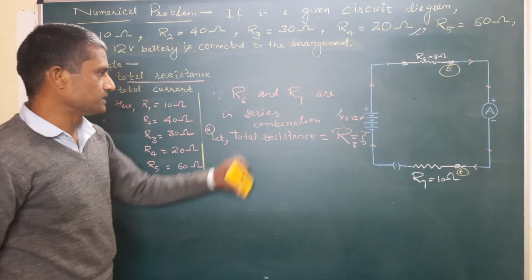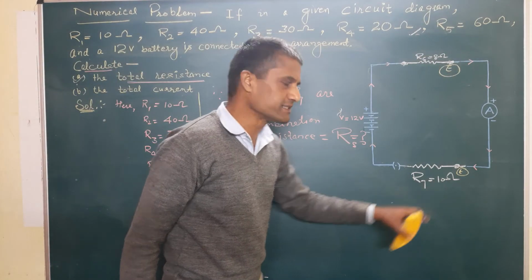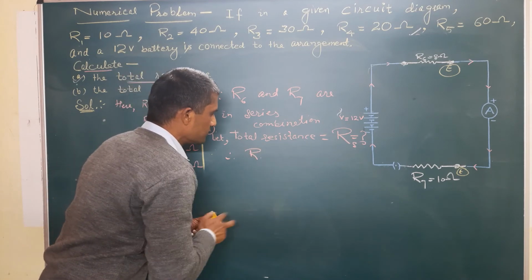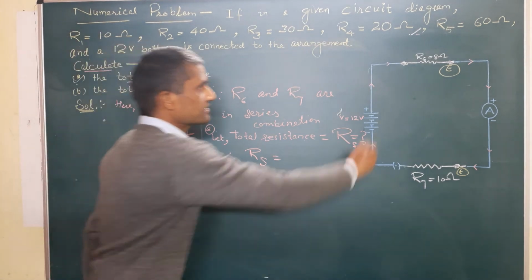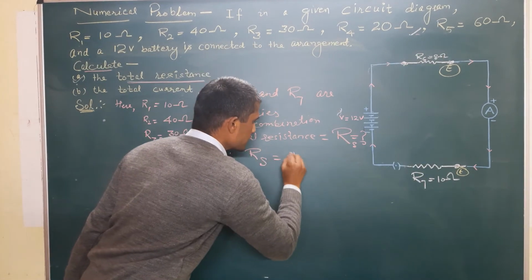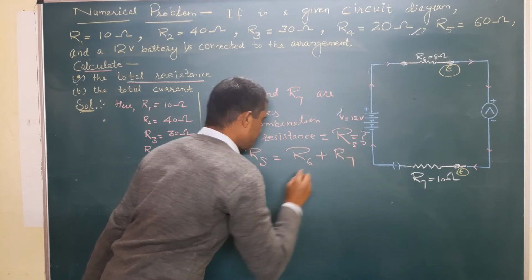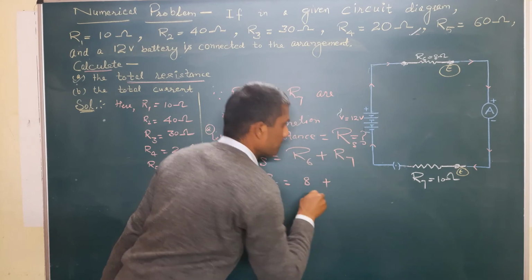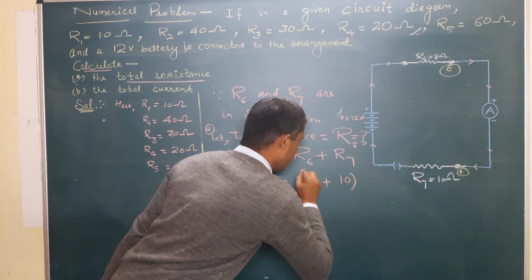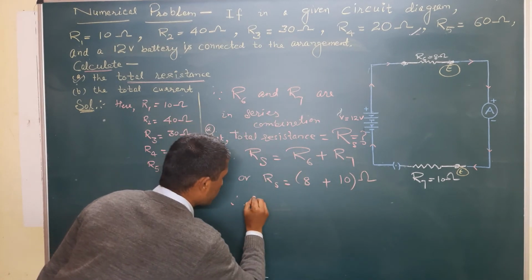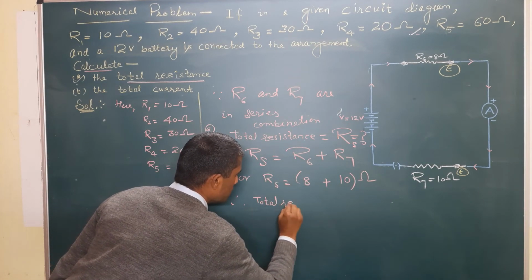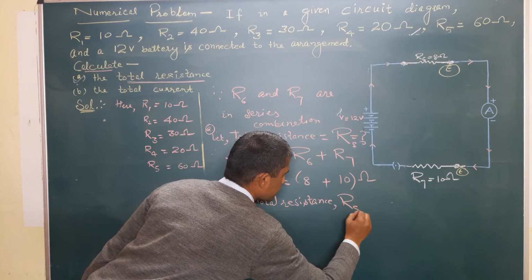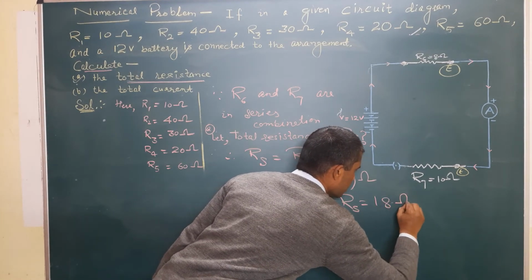Since R6 and R7 are in series combination, the total resistance RS is equal to the arithmetic sum of individual resistances, that is R6 plus R7. RS is equal to R6 equal to 8 ohm plus R7 equal to 10 ohm, and therefore the total resistance of the combination RS is equal to 18 ohm.